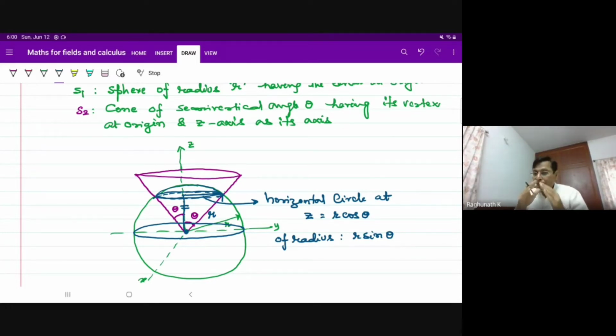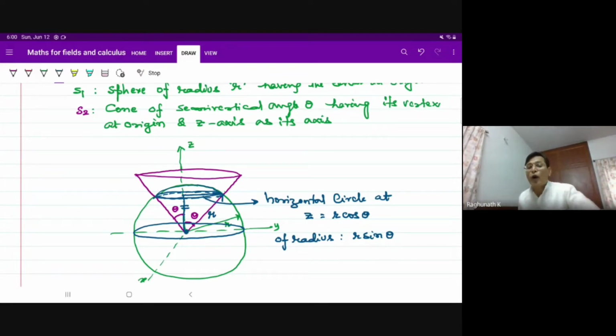If theta is basically increased, I want to cover the entire sphere. I should create the circles at each and every point on the sphere by cutting it with a cone. When I vary theta from 0 to pi by 2, please see this.